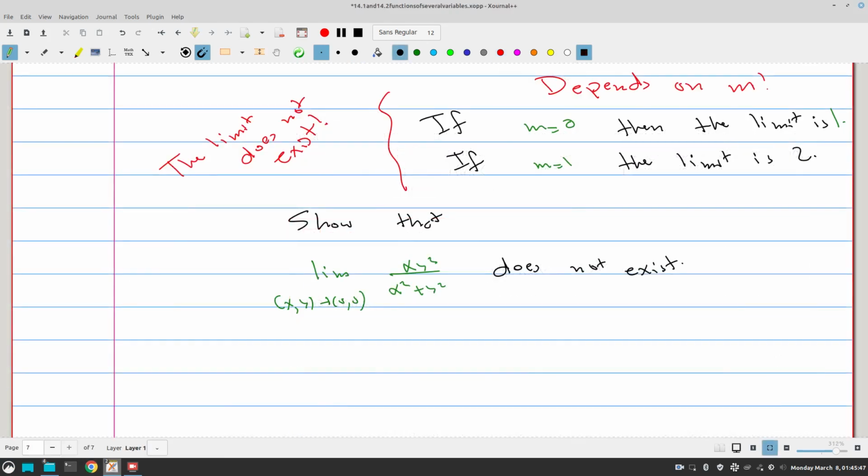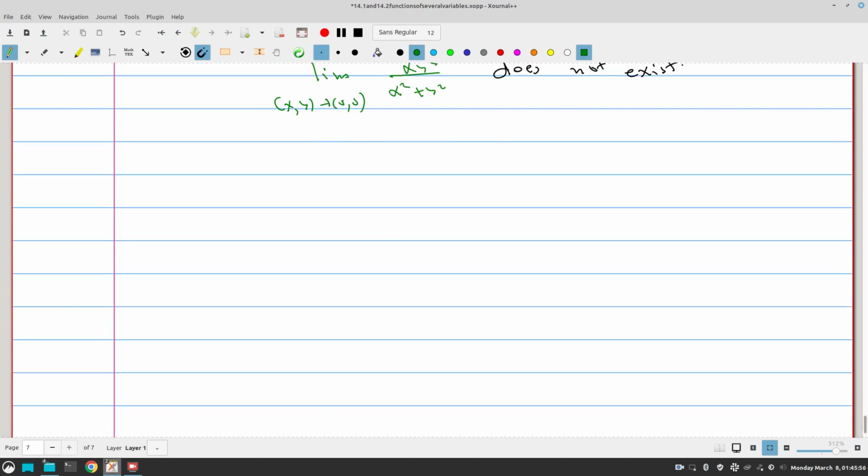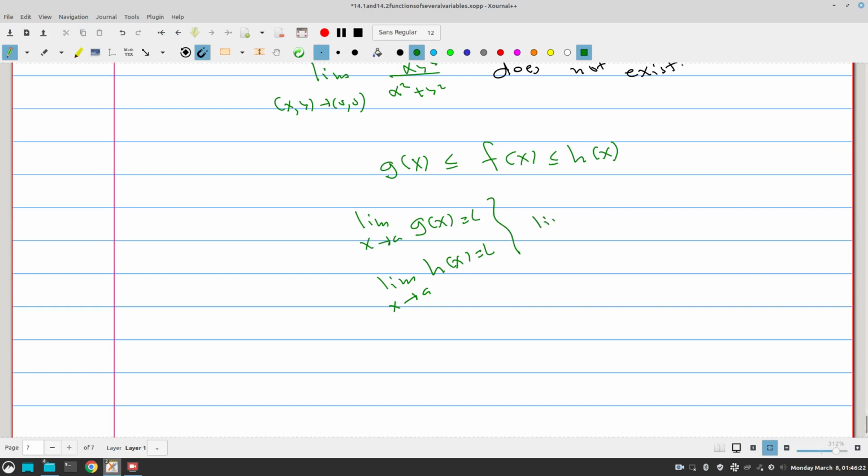It tells you that, in single variable calculus, if you're able to squeeze a function f(x) between two functions g(x) and h(x), and the limit as x goes to a of g(x) equals L, and the limit as x goes to a of h(x) equals L, you may combine the two to give you the limit as x goes to a of f(x) equal to L.